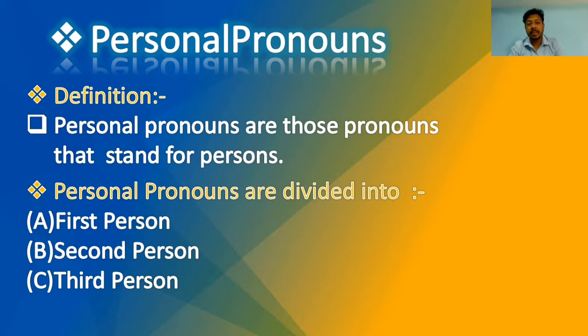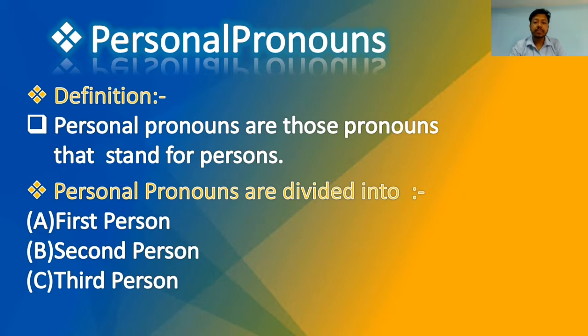So person means I, we, you, he, she, it, and they. Personal pronouns are divided into first person, second person, and third person. You must know what is first person, what is second person, and what is third person.